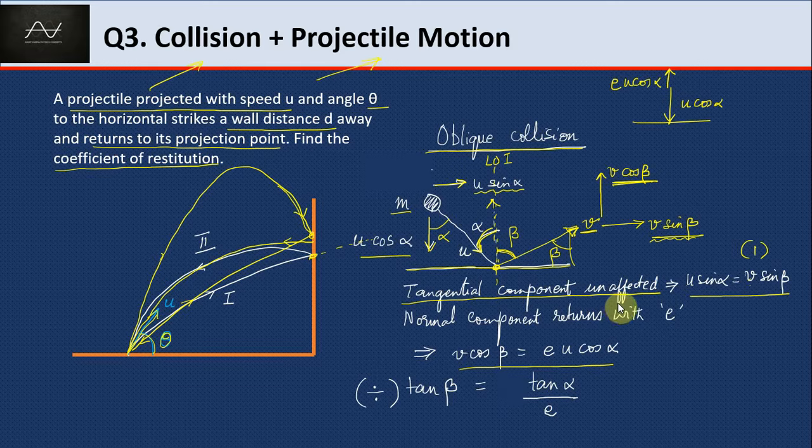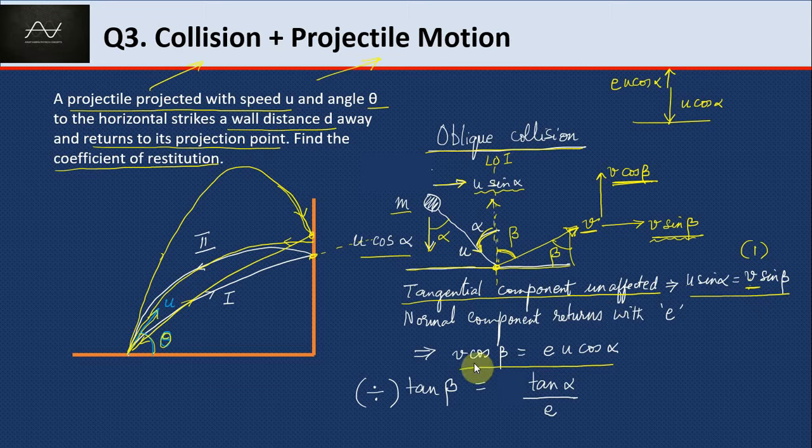When does this happen? For what type of collision? If the speed after the bounce is the same, that means there is no loss of kinetic energy. That means that is a perfectly elastic collision. So here you learn something. In a perfectly elastic and oblique collision, the angle of incidence is equal to the angle of reflection.